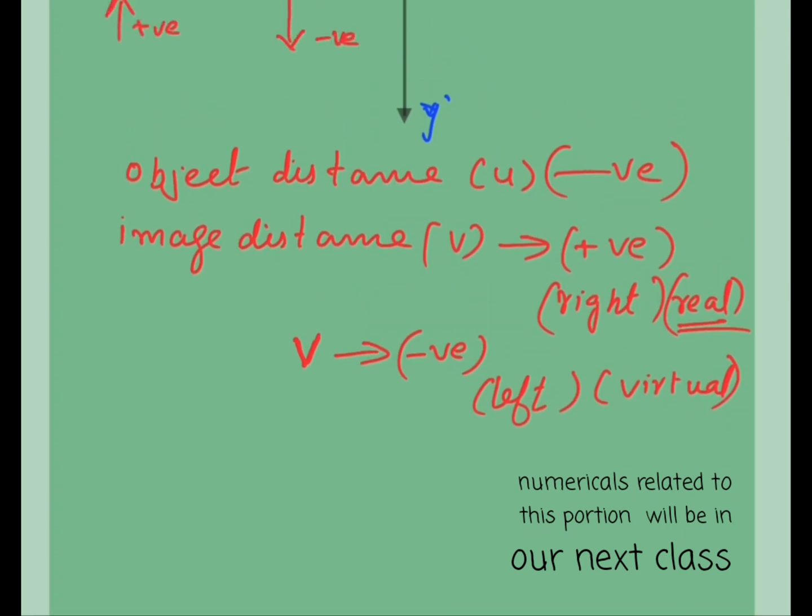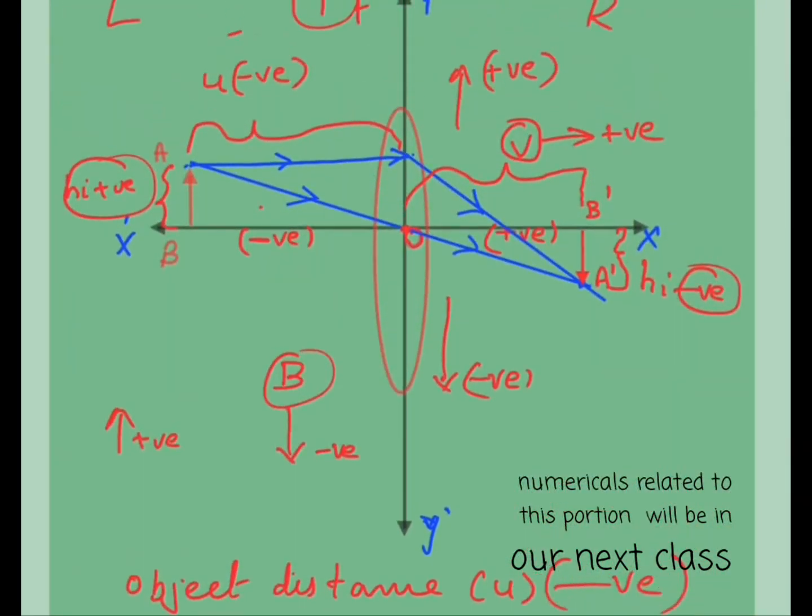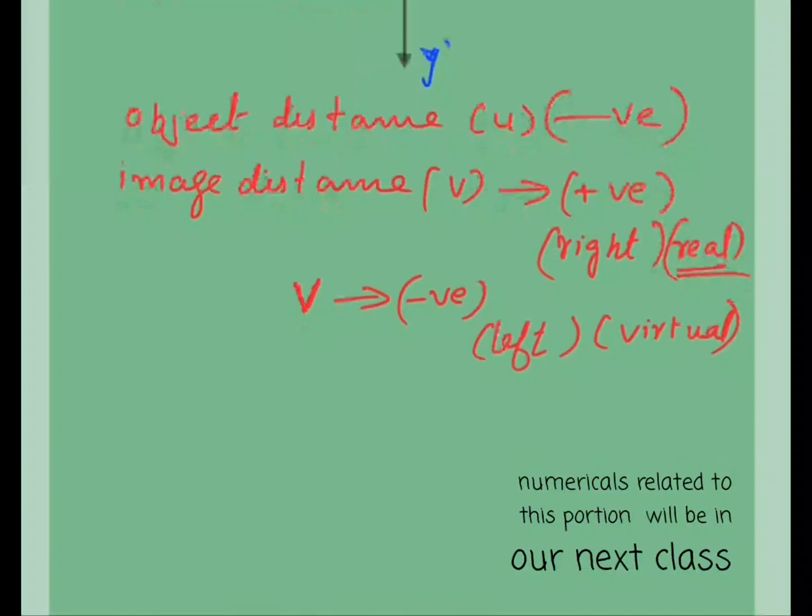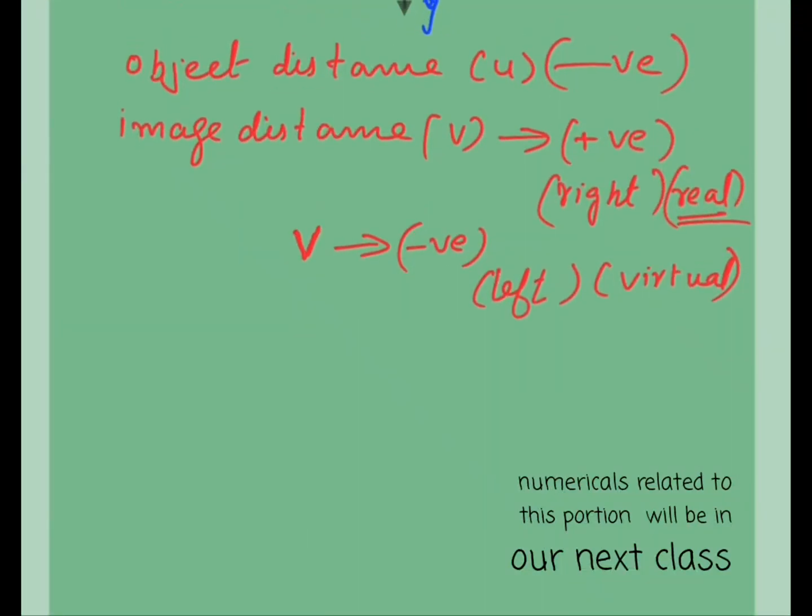Suppose the image which we get here is virtual, you know that image will be on the left side, which is behind the object for convex lens. So for convex lens, if the image is on the left side, you should take v as negative, and on the right side we should take image distance as positive.